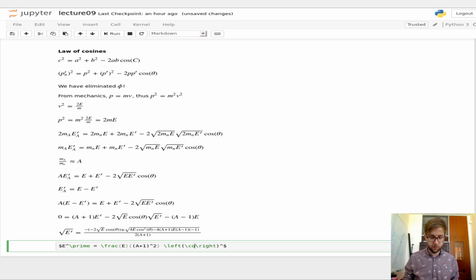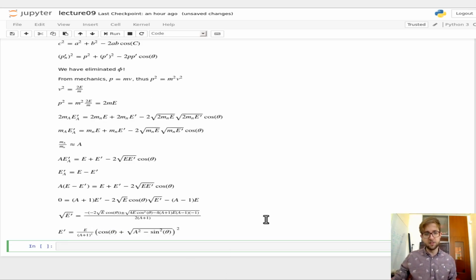This is the cosine of theta plus the square root of A squared minus sine squared of theta, and all of that squared. Okay, so this is the simplest expression that we can obtain.